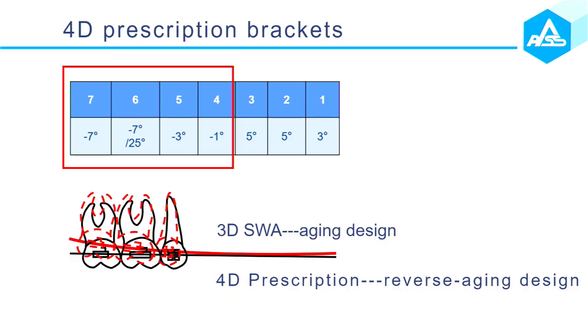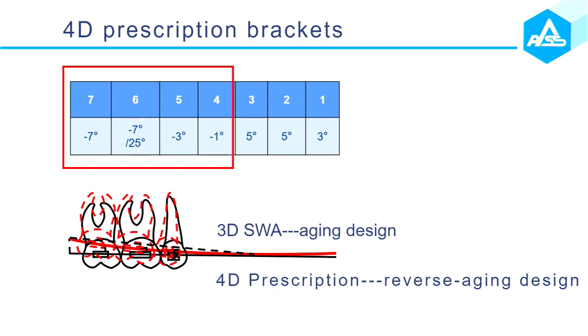And if we align teeth on the curve, another advantage is we have more space to arrange posterior teeth. If we look at this as a triangle, which side is longer, this side or this side?